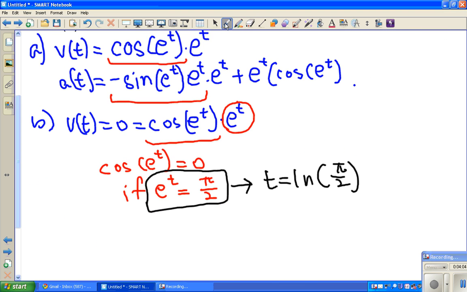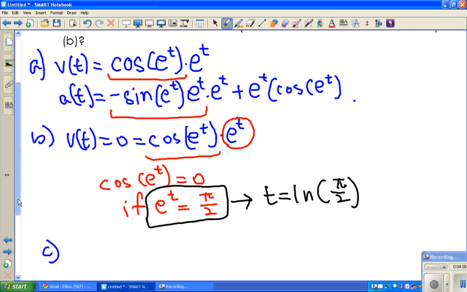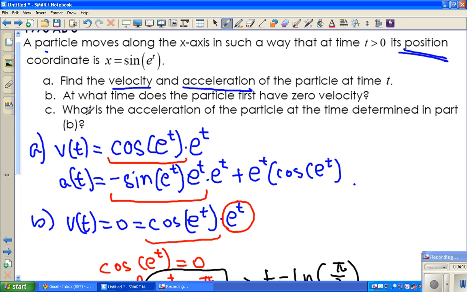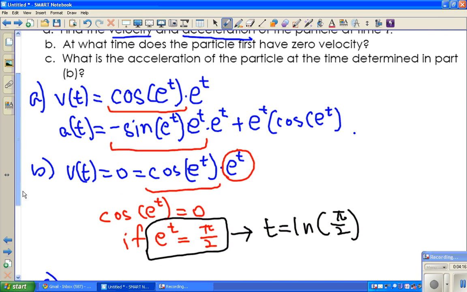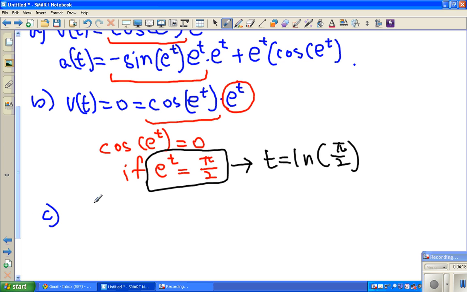Now let us go back to answering C. C is asking, what is the acceleration of the particle at that time? Now, you're looking for acceleration, a of ln of pi over 2.